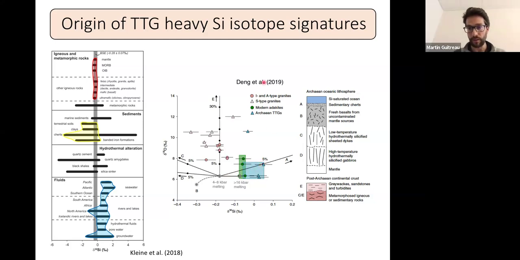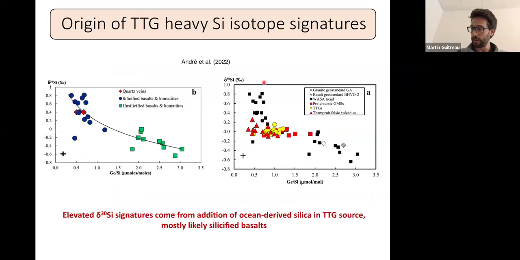So that was the Deng et al. message. Now, if we look at the André et al. message that was published at the same time, they looked at silicified basalts in the Kaapvaal craton. And there was another paper in 2022 where things can be seen a little nicer, I think. So if you look at the green squares here, they correspond to unsilicified basalts and komatiites.